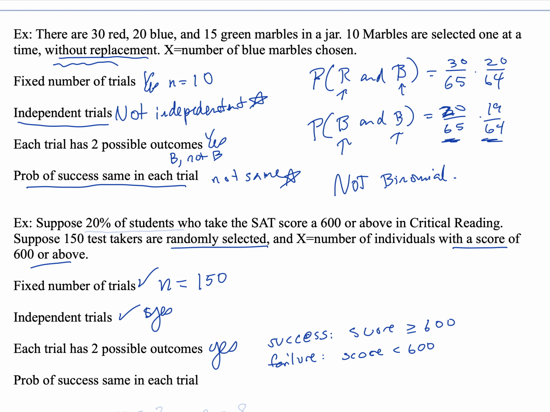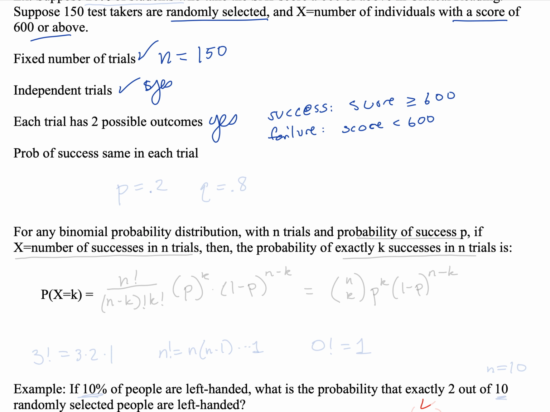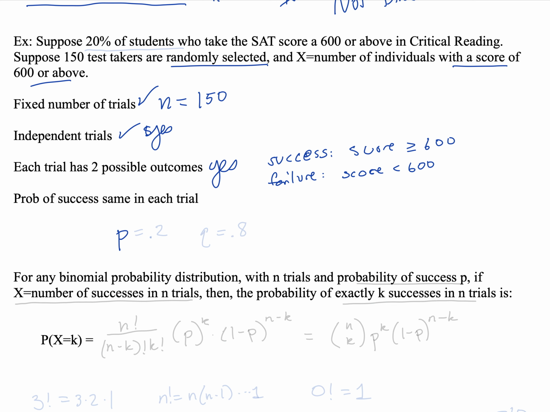And finally, is the probability of success the same in each trial? Again, yes, these are randomly selected individuals, and the probability of success in any single trial, since 20% of students who take the SAT score 600 or above, so p is 20% or 0.2. q, the probability of failure, is 0.8.